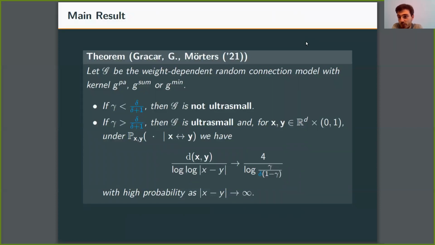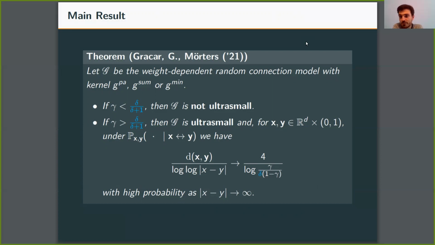And in this case, we are able to establish a limit theorem, which also depends on the parameter delta, which is highlighted in blue here. So we have a large class of different models which now share a new behavior because they all depend on the spatial embedding, and they all depend on the choice of delta in terms of the occurrence of ultra-smallness in these networks.